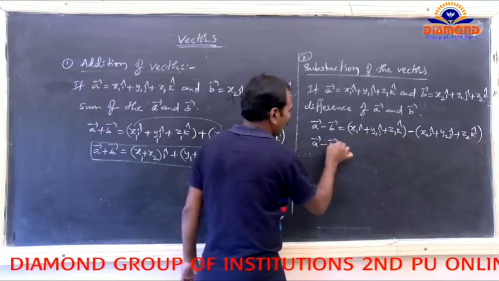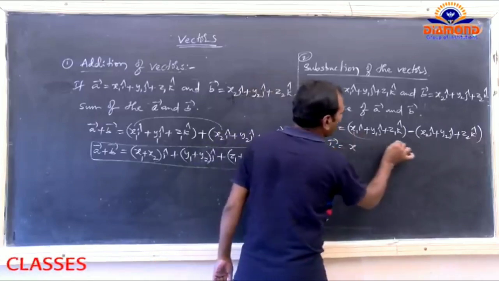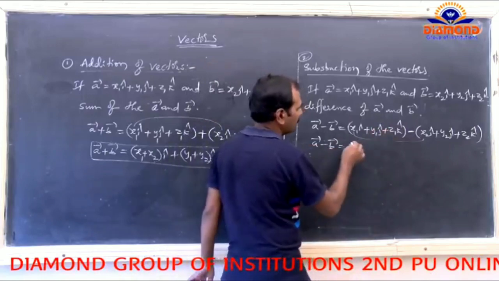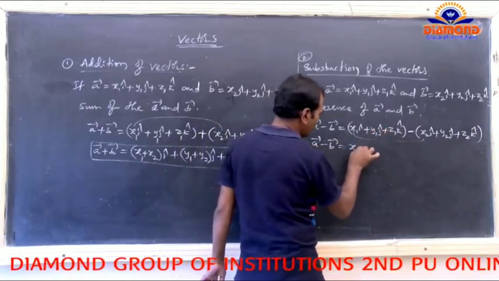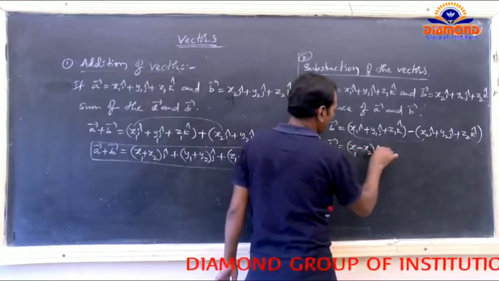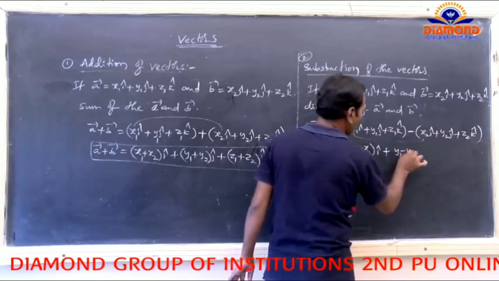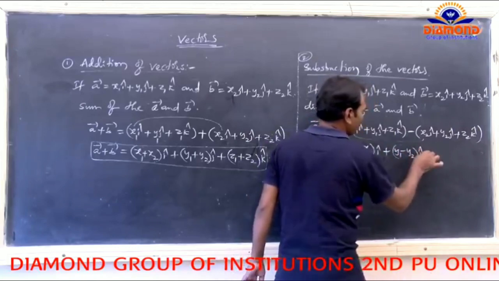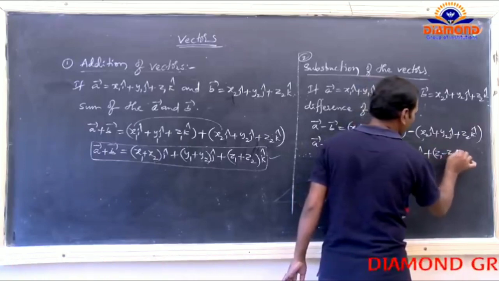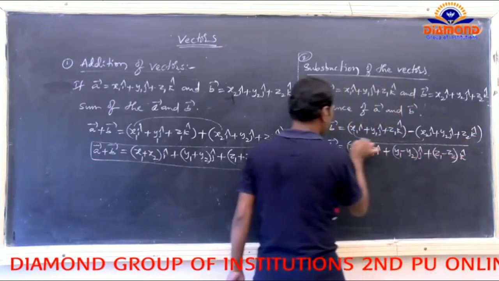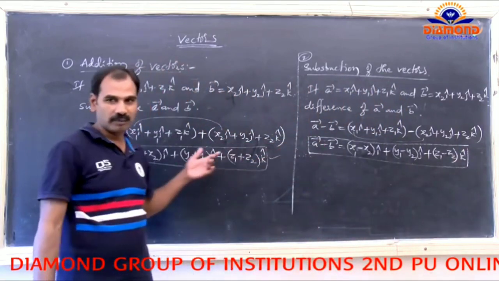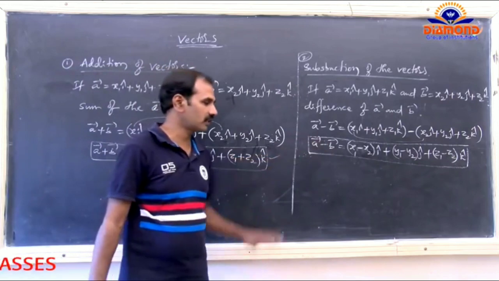Simplifying the i, j, k components: x1 minus x2 i cap plus y1 minus y2 j cap plus z1 minus z2 k cap. So this is the difference of the vectors.